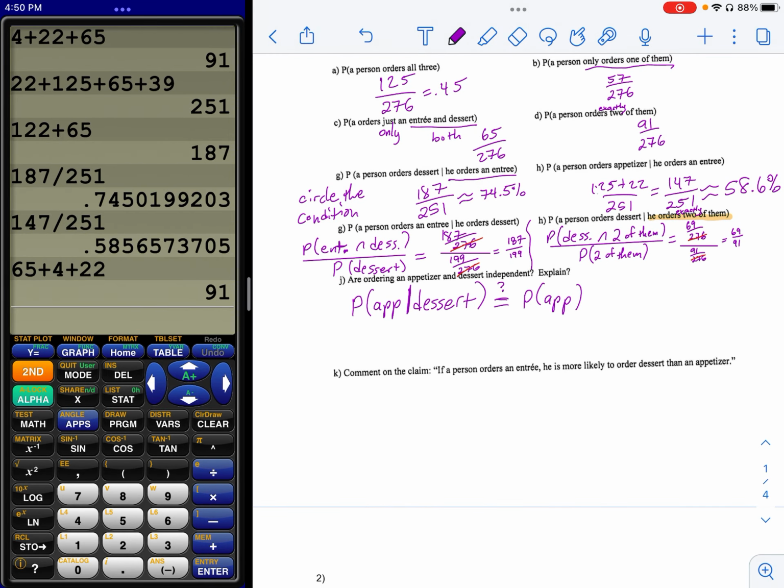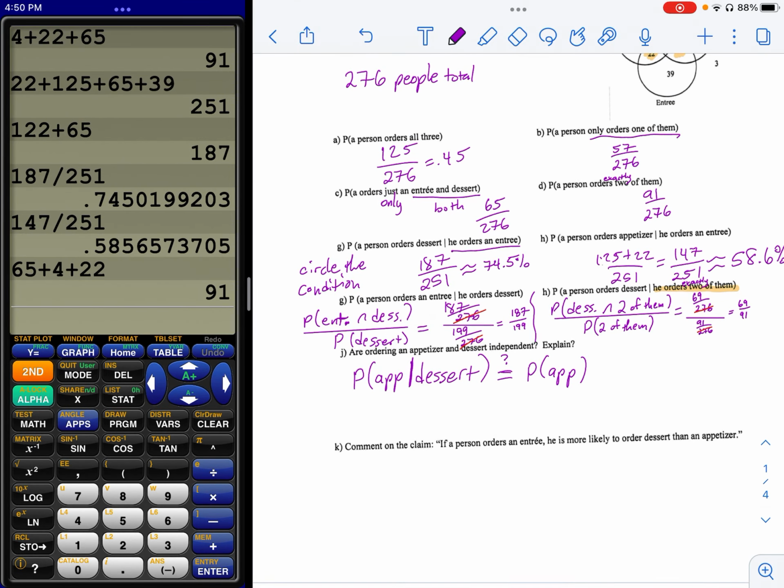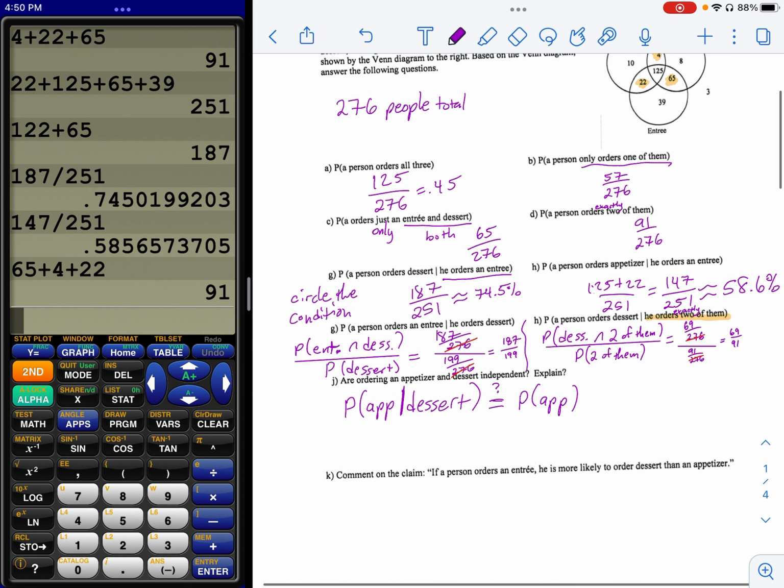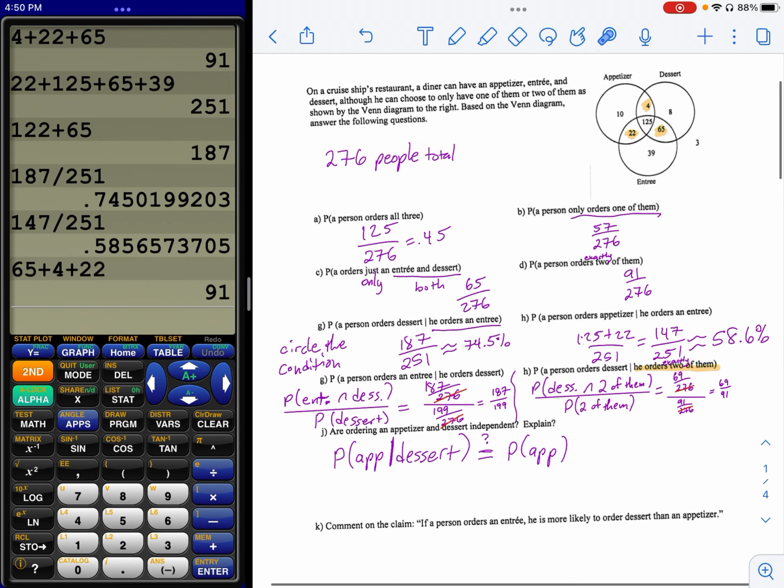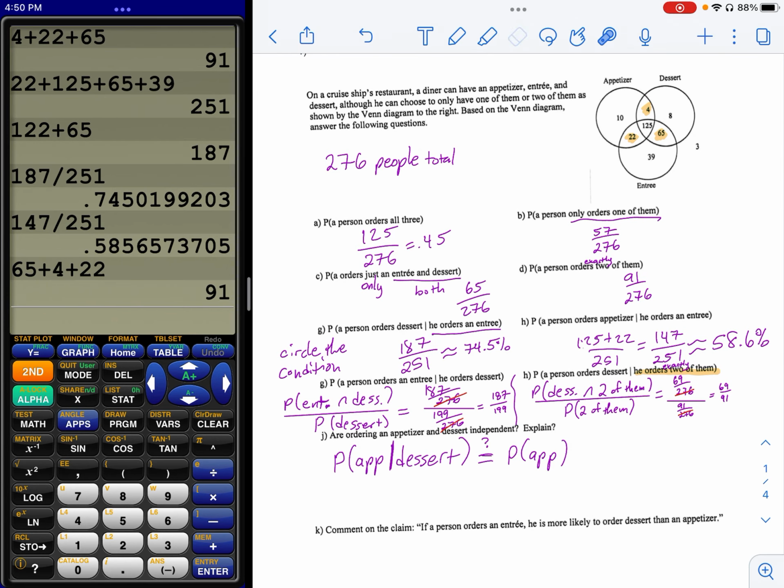Okay, if it's true. So we need to find this out. We don't have this figured out yet, do we? I don't think it's one of these. No, it's not. So the dessert is the condition.